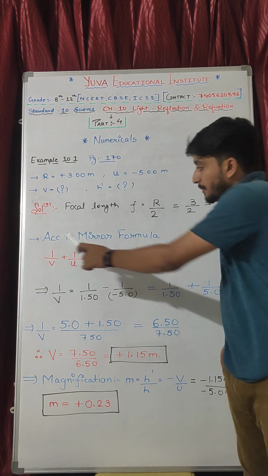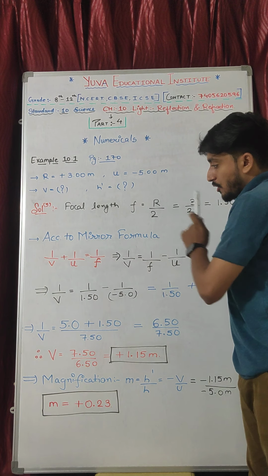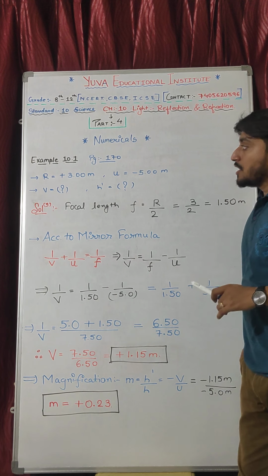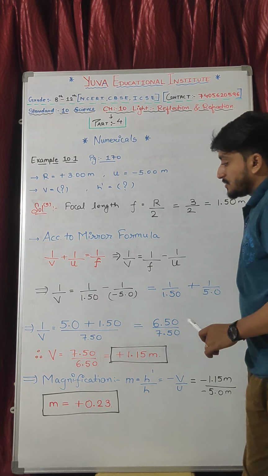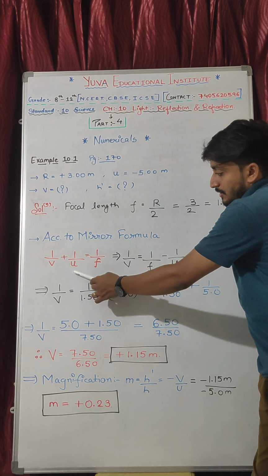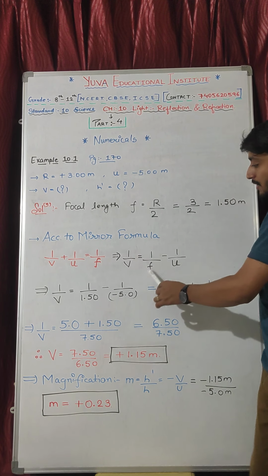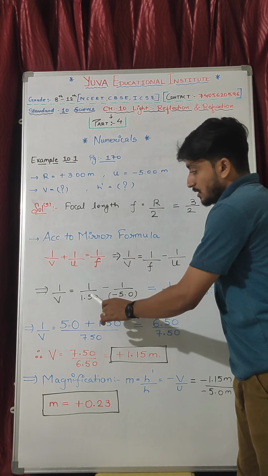Now according to the mirror formula, 1 upon v plus 1 upon u is equal to 1 upon f. Now you have to find 1 upon v, that is image distance. Make 1 upon v the subject; 1 upon u is shifted to the right hand side, it becomes negative: 1 upon v is equal to 1 upon f minus 1 upon u. Now simply put the values.